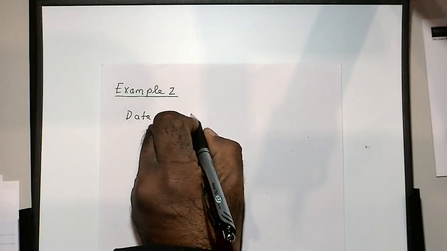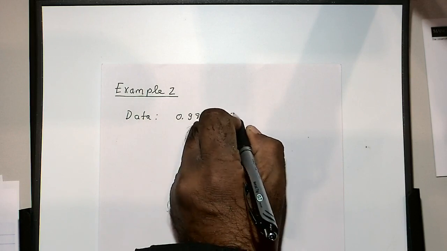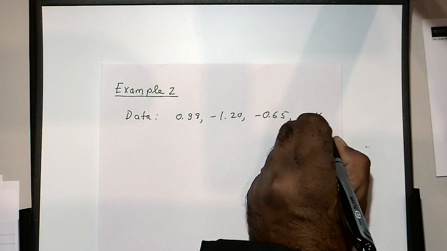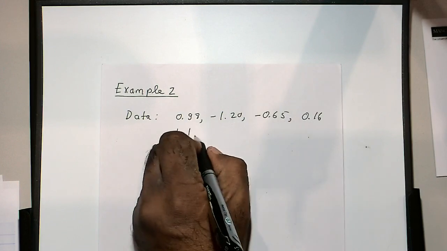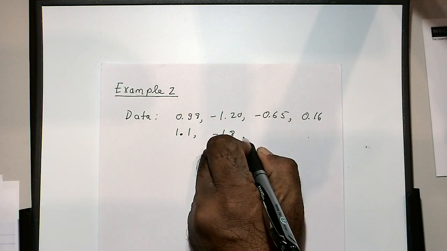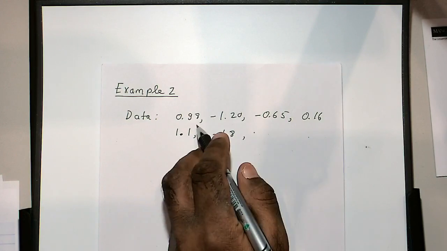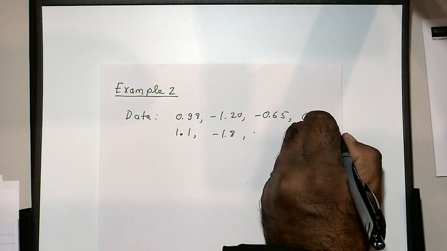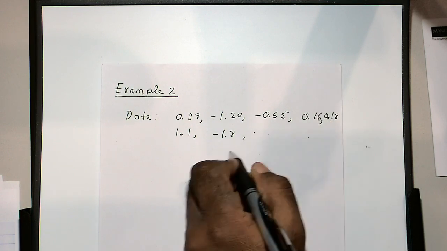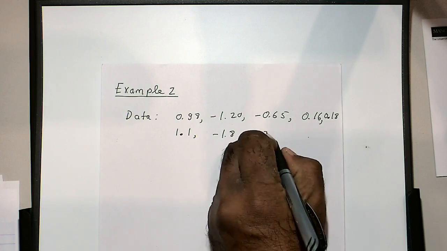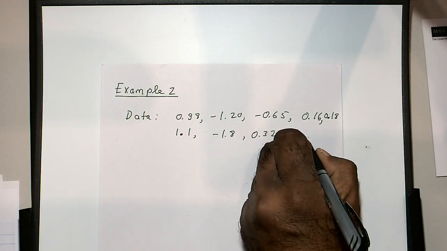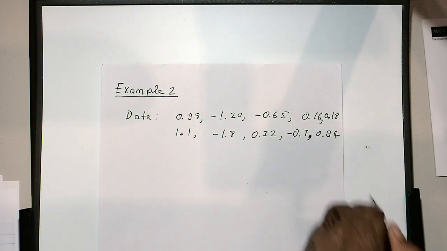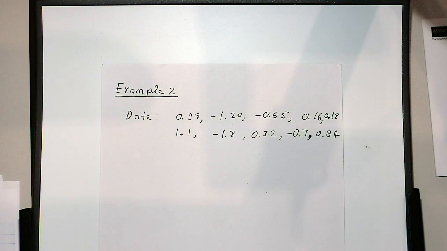So you have the following data: 0.98, minus 1.20, minus 0.65, 0.16, 1.1, minus 1.8, sorry, 0.12, 0.6. Oh, I left out one thing here. 0.18, 0.32, minus 0.7, 0.94. Right, so we've got 10 data points, right?